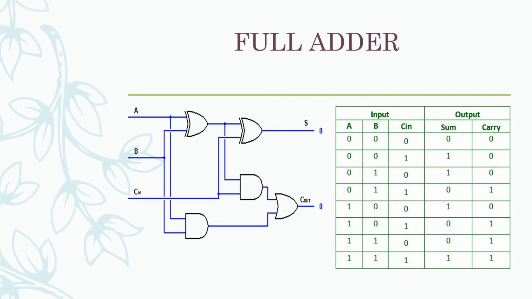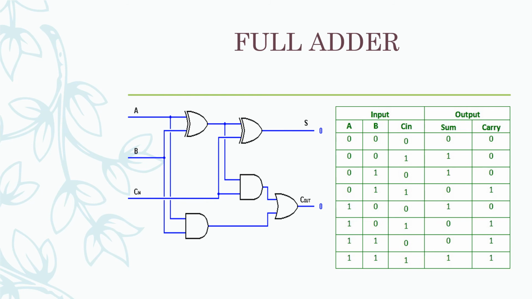So this is all about full adder, and now we'll see how actually these 3 inputs will generate the output, that is sum output and carry out. The full adder accepts 2 input bits, that is A and B, and an input carry, that is Cn. And this generates a sum output S and a carry output C out.